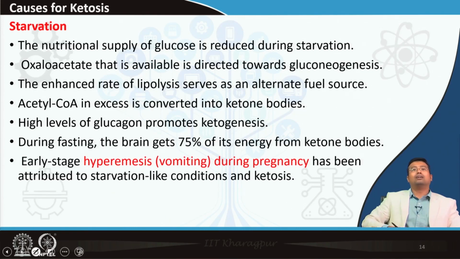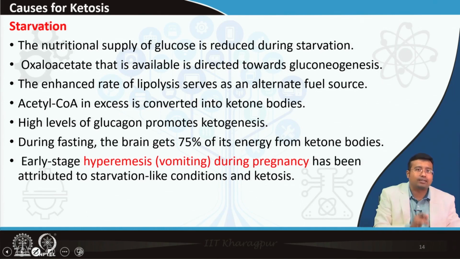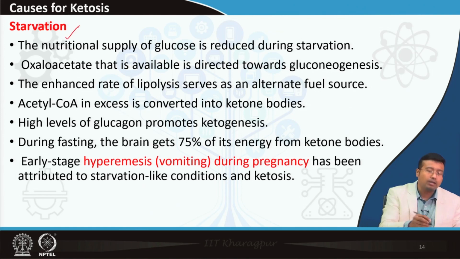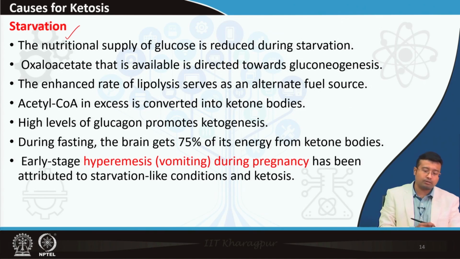So, now let us look into the cause of ketosis in detail. I might be repeating myself because already I have discussed a bit. Now, let us see in detail what happens. The nutritional supply of glucose is reduced during starvation. So, starvation is one condition when there will be ketosis, right. So, in starvation, for prolonged amount of time there is no glucose.